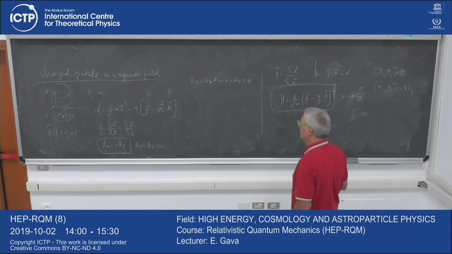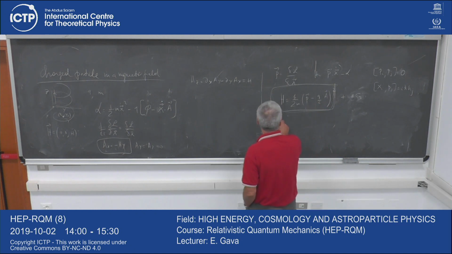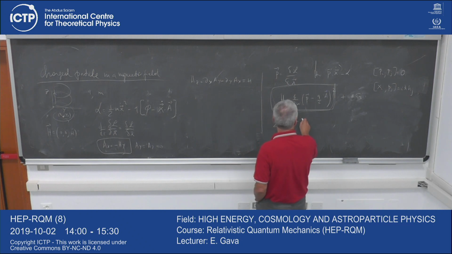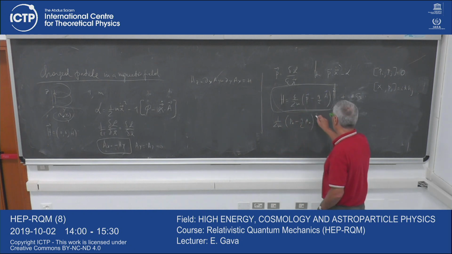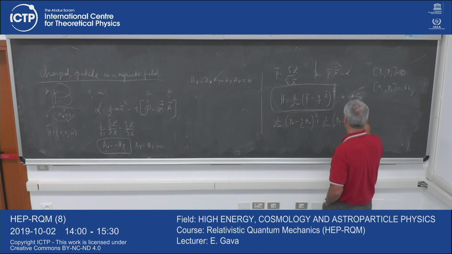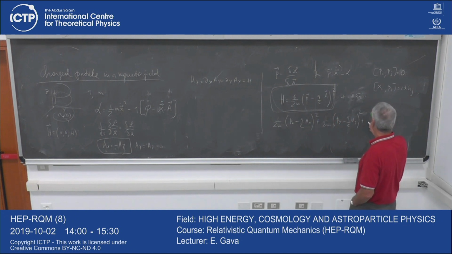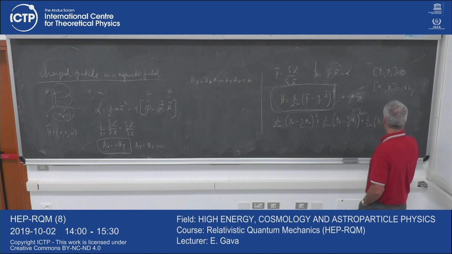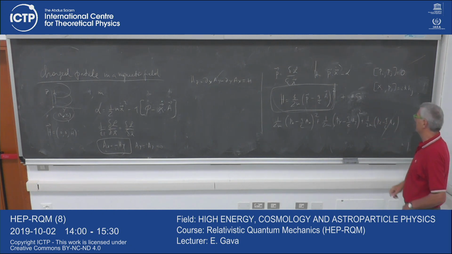Okay, so this is A, so you have 1 over 2m, and this is px minus q over c Ax squared, plus 1 over 2m py minus q over c Ay squared, plus the third direction. So this Az is 0, we said, right?